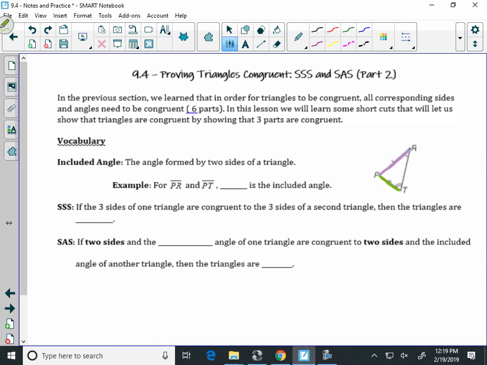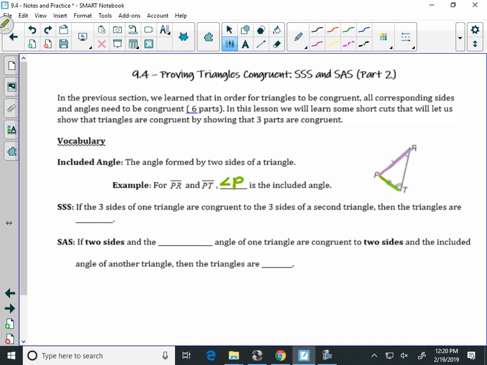Which angle is formed by those two sides? Angle P. So that is the included angle. I like to think of it as the angle in between two sides. So we have the purple side and the green side, the angle in between is P. That's going to help us with one of our shortcuts.